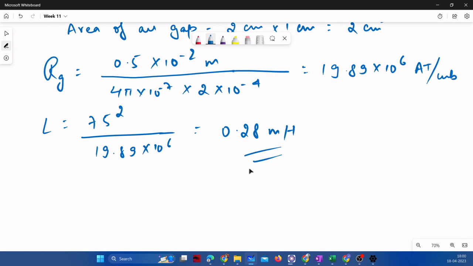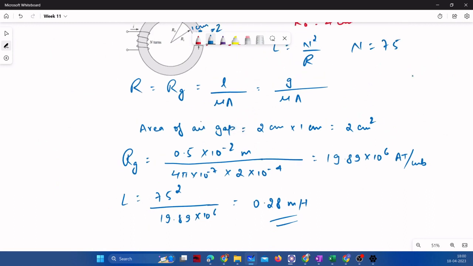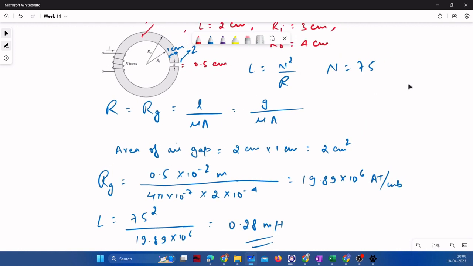Any doubt about this problem? In such a case where a high permeability material is given and an air gap is also mentioned, you could conveniently ignore the core material reluctance. That would not impact the answer much.